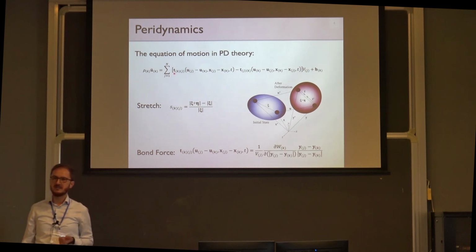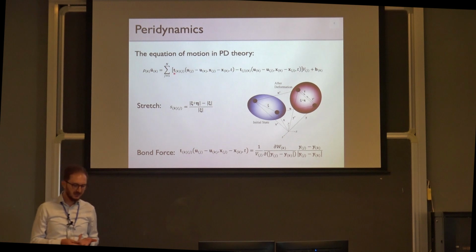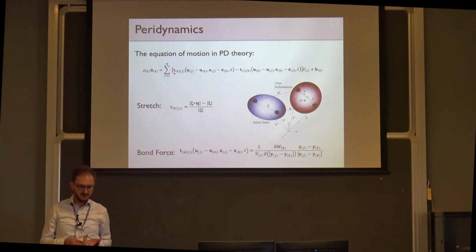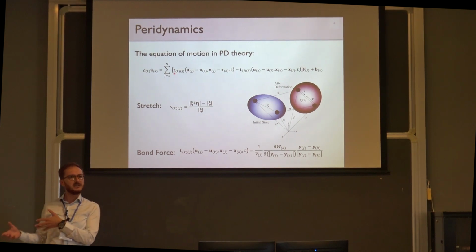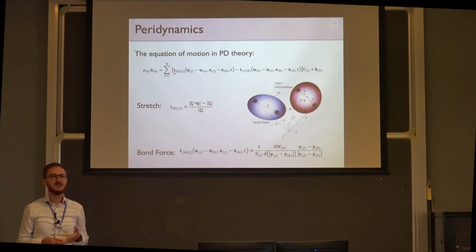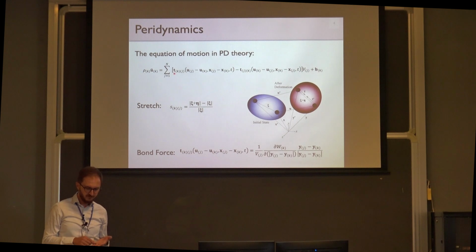In bond-based PD, T and T prime are equal in magnitude and parallel. In ordinary state-based PD, the forces are still parallel, but they don't have to be equal. Their values can be different. In the third kind of peridynamics, non-ordinary state-based PD, they don't have to be parallel in direction.